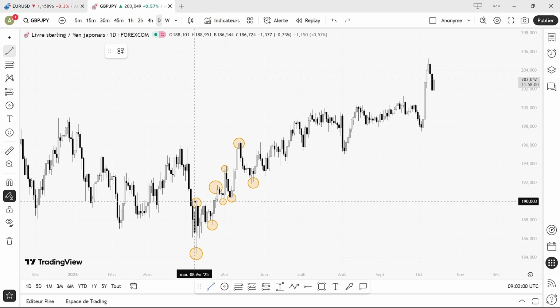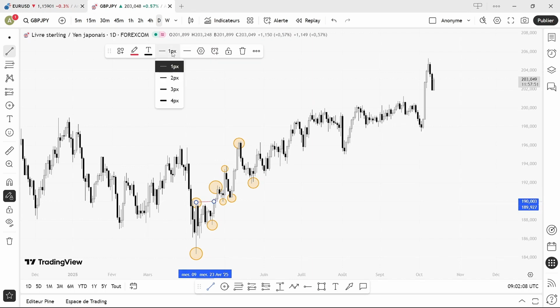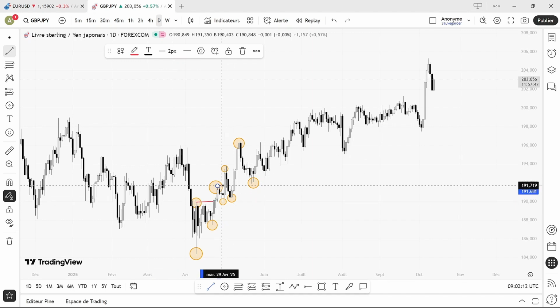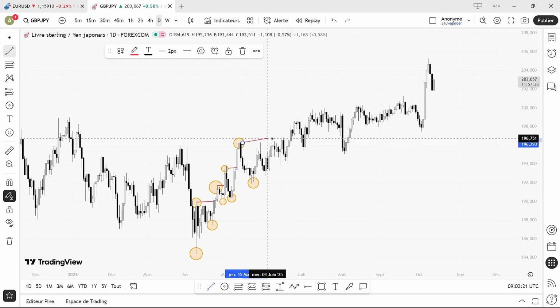Once this higher high is broken, this is a break of structure, this is a break of structure right here. So make sure you know how to spot them. There's another break of structure because there's a higher high being broken. There's another break of structure here, as simple as that. And there's this one here.